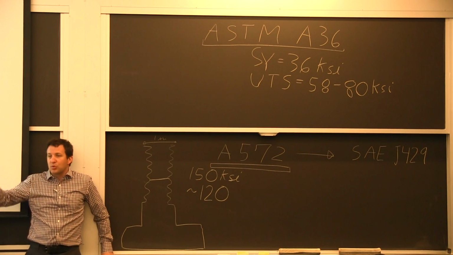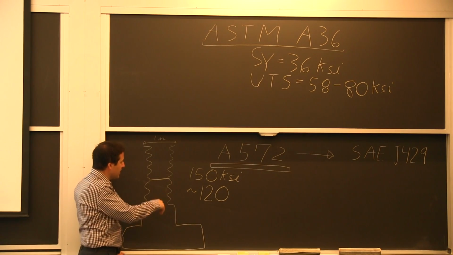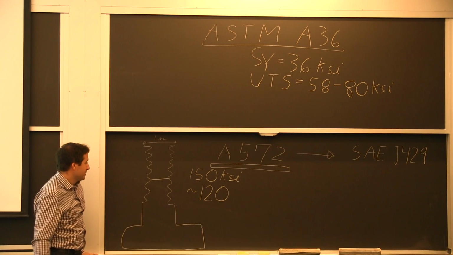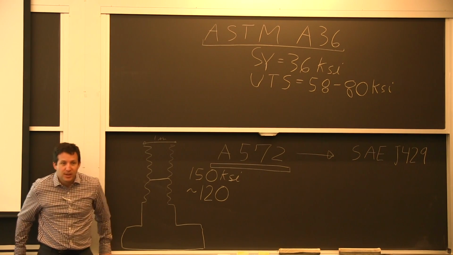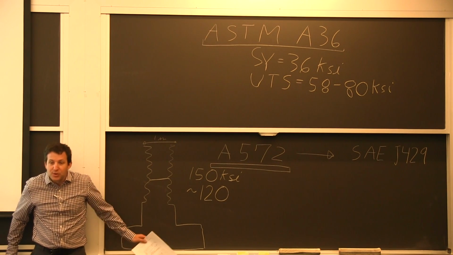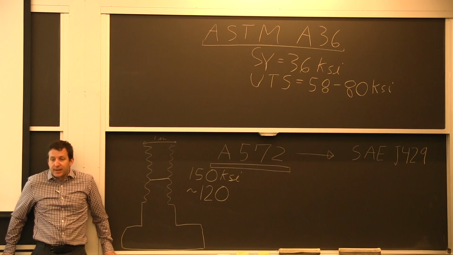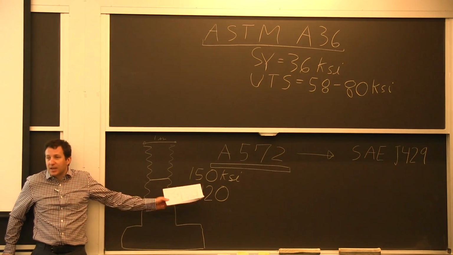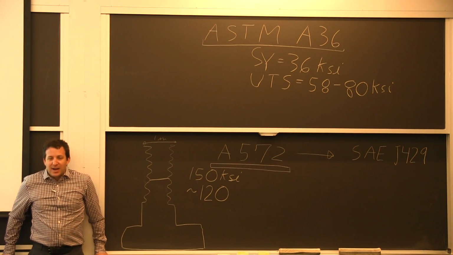So if I started really high in strength, down the road when I divide by 5, I'm getting into the 20, 25 KSI range. Even though I'm doing it very roughly for you, 28 KSI is the approximate stress amplitude that these bolts will take, even though they have 150 KSI of yield strength.